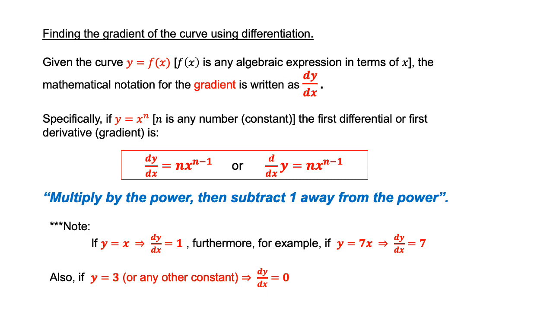So basically I can write y equals 3 as 3 times x to the power of 0. And as soon as I follow the formula above, I times by the power, well, the power is 0. So 0 times anything is 0, and therefore dy by dx is 0. So I can either do it by intuition, just looking at the graph, y equals 3, but it also follows the formula above. So just take note of these specific examples as well.